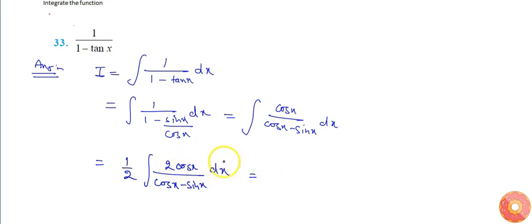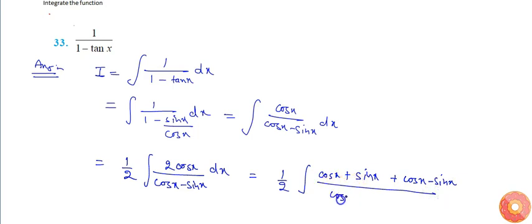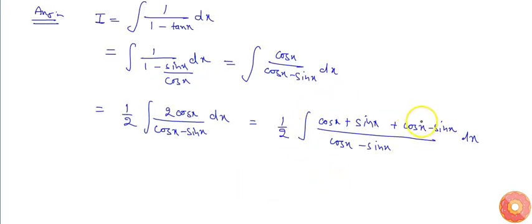If I rearrange the numerator as cos x plus sin x plus cos x minus sin x, divided by cos x minus sin x dx, I just add sin x and minus sin x in the numerator, so the expression will remain the same.